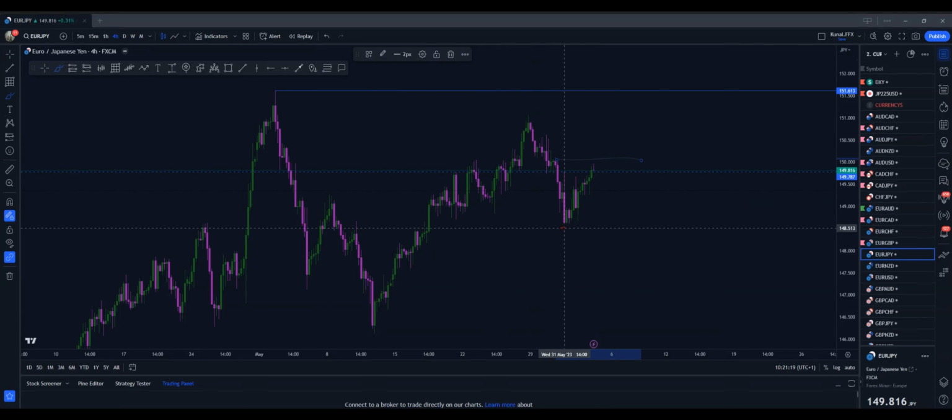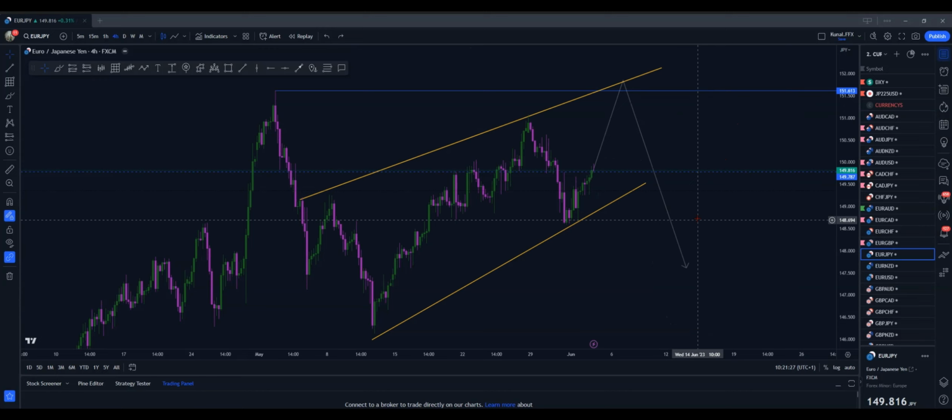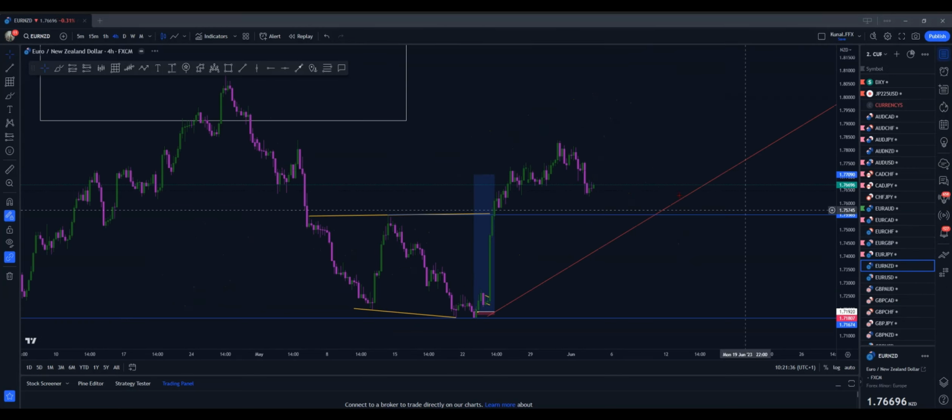We might create something like this where price just drops, comes back up, and then we sell. Not really what I'm looking for. I'm happy to wait for this. If this plays, honestly, I'm going to be so happy, because this will be a beautiful 101 trade. So once again, I'll keep that over there.